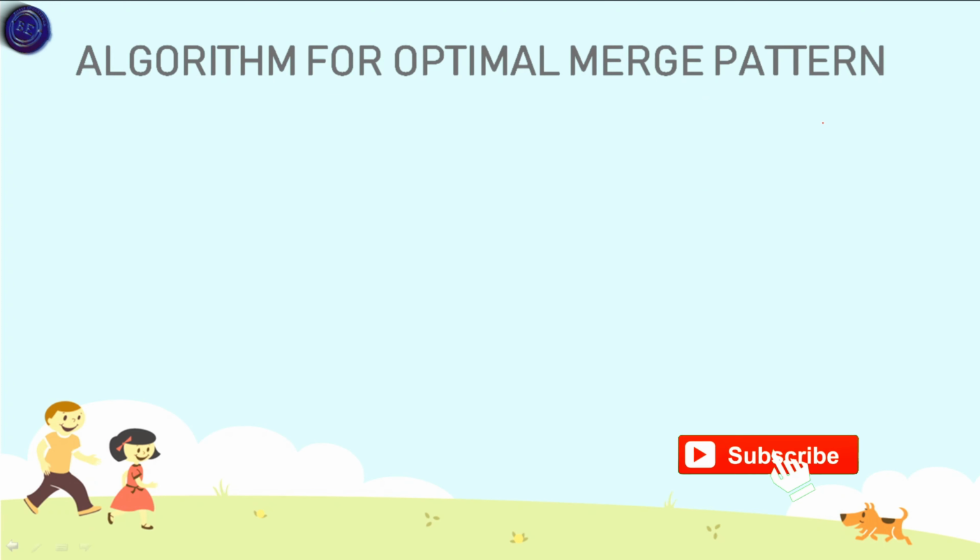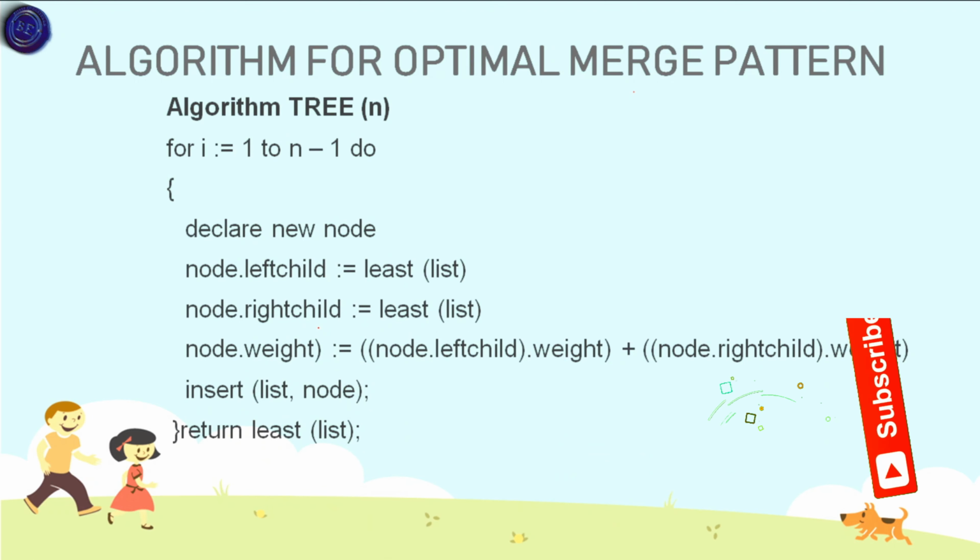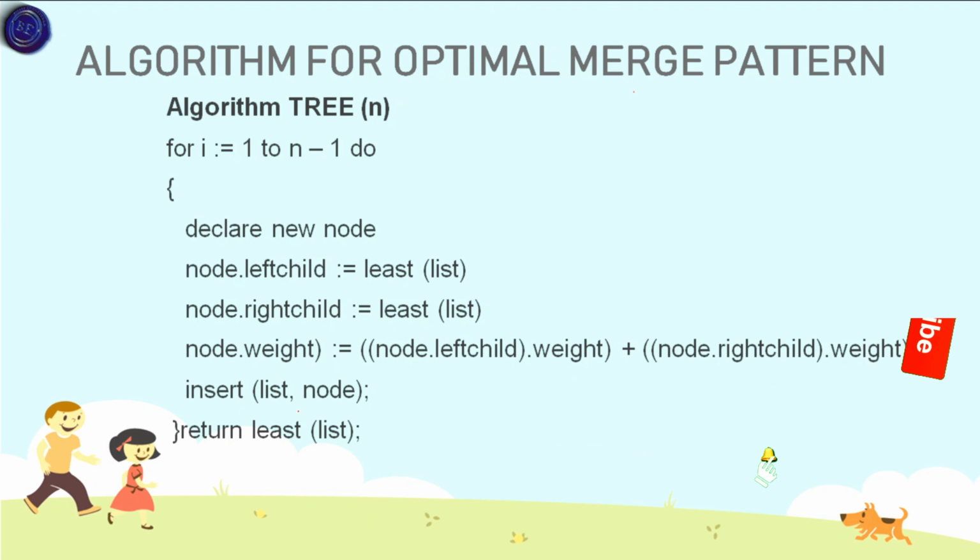Now let us discuss the algorithm of optimal merge pattern. In this algorithm, first we find the left child which is minimum and the right child which is minimum. For i equals 1 up to n minus 1, declare a new node.